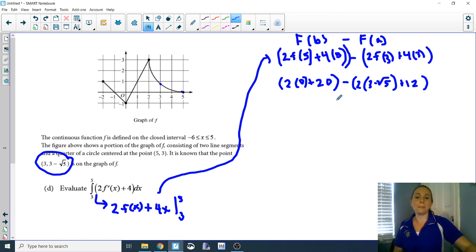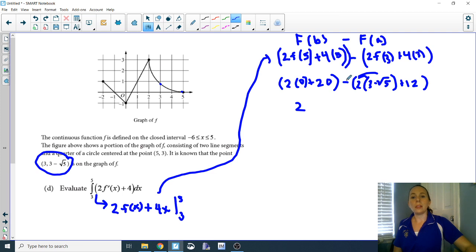Some AP teachers would say, in the interest of time, leave your answer like that and move on. You've got bigger fish to fry than doing little calculations. I sometimes can't help myself. I distributed the 2 and took 20 minus 6 minus 12, which gives 2.